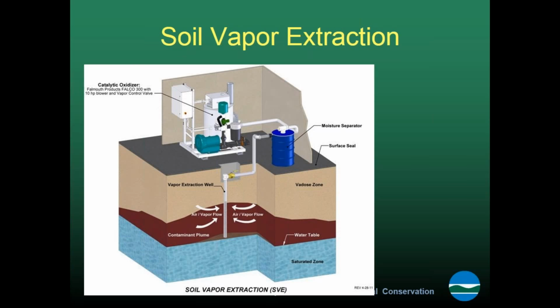If you have that beta zone source where you have highly concentrated vapors above the water table, you can have a blower pull those vapors out of the ground, and you can also add sparge points where you're adding air below the water table to bubble the vapors out of the contaminated water, and that would be an air sparge soil vapor extraction system, or an AS/SVE system.